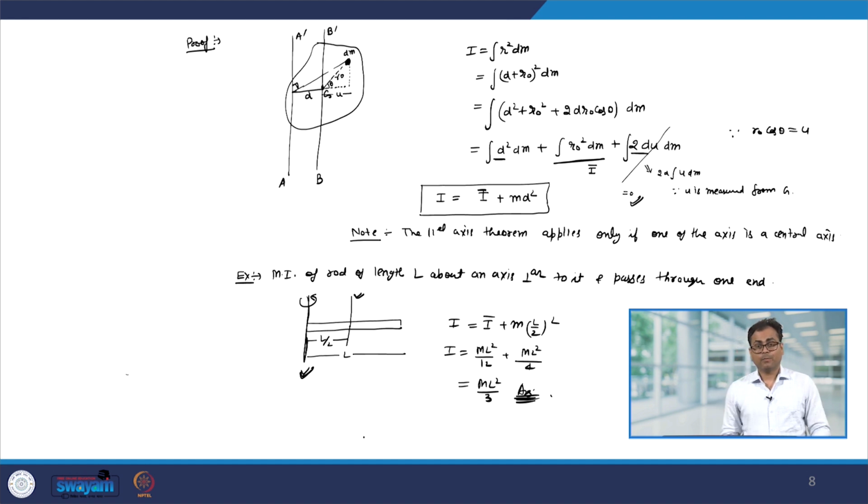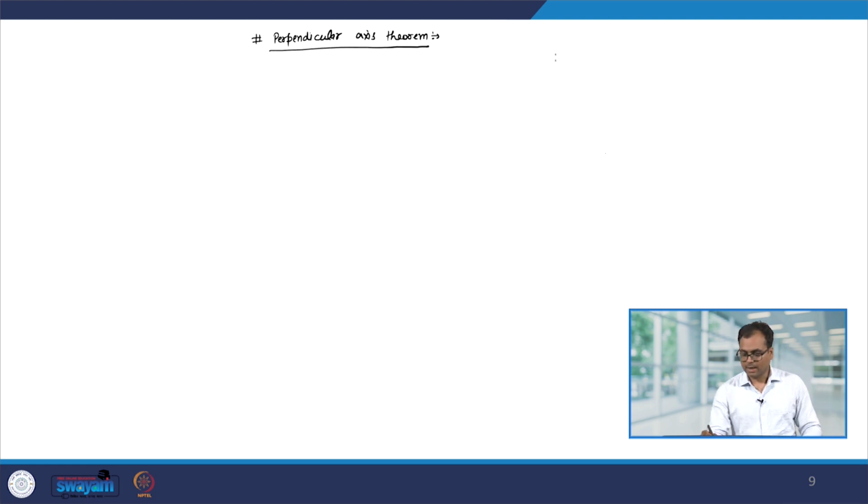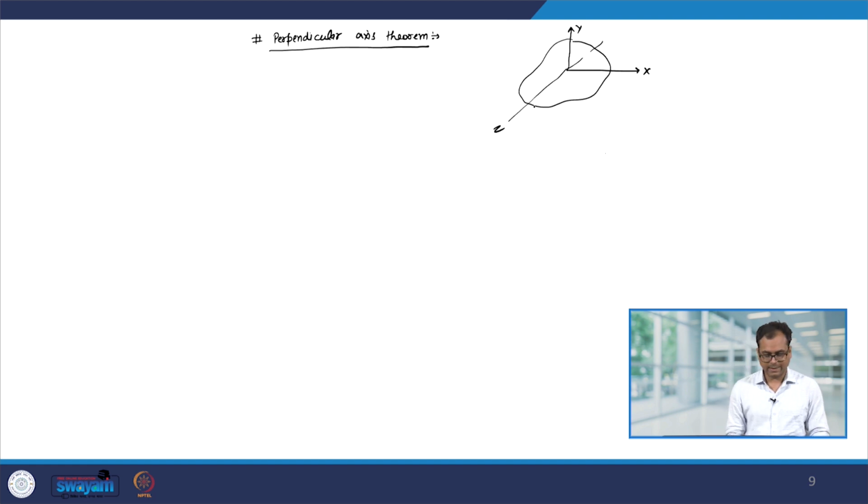Okay. Now, let us look at the perpendicular axis theorem. Let us say I have a body which is in the xy plane, and let us say this is the z axis.